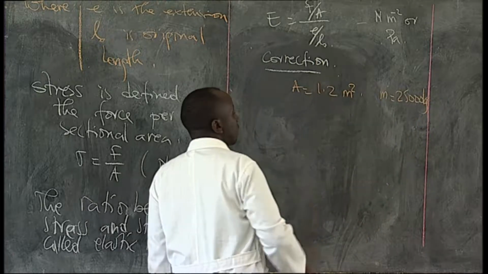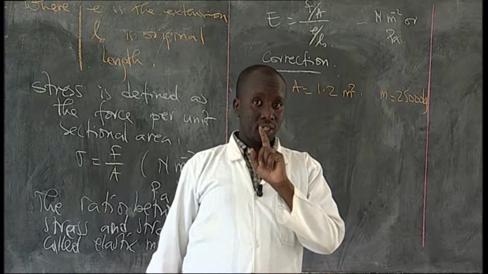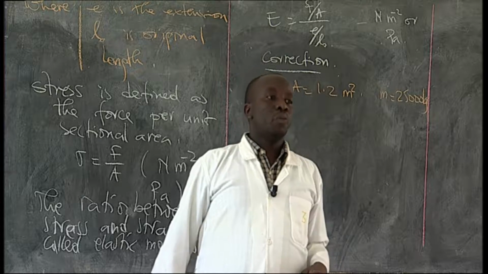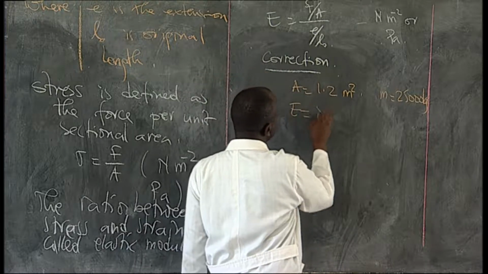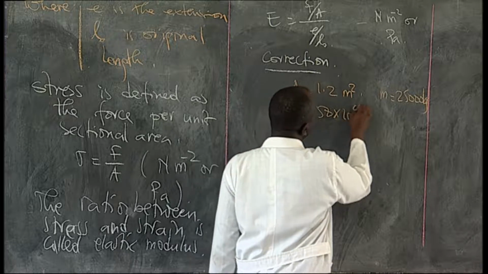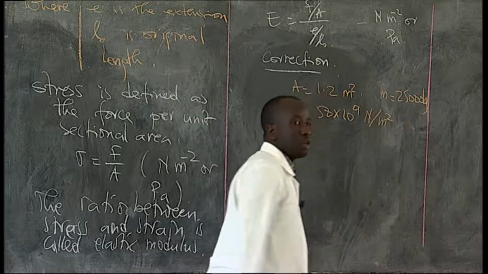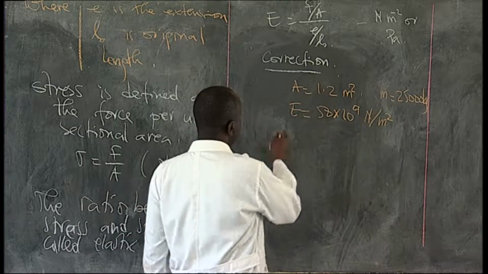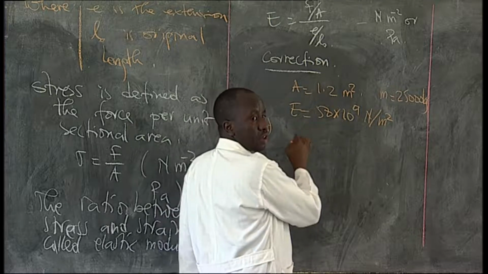So from the mass we can find what? We can find the weight, the force. Do you hear that? That's good. And then another that we have is E, which is equal to 50 times 10 power 9 Newton per meter squared. So what is being asked is to find A, the stress, and B, the strain.